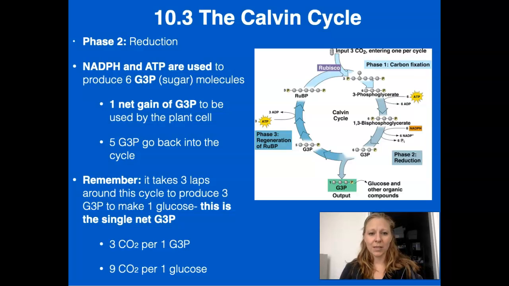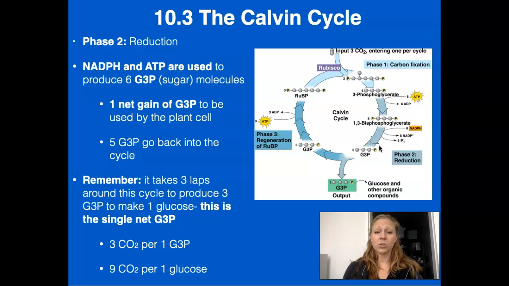Phase 2 is reduction. This is where we are creating our G3P molecules. In fact, we're creating 6 G3P molecules. So we're taking NADPH. We can see our NADPH. We're taking 6 of these. And ATP are used to create 6 G3Ps, or 6 sugar molecules.